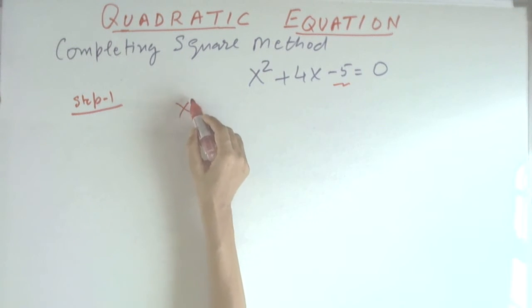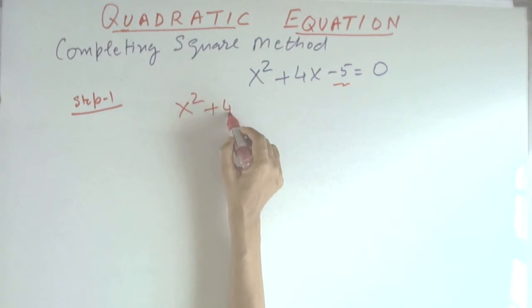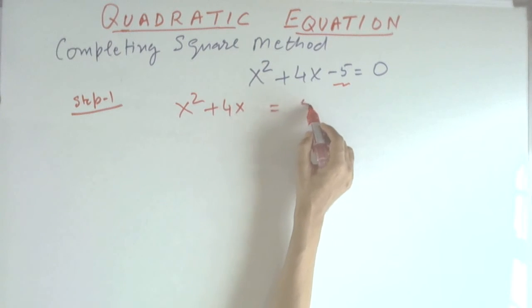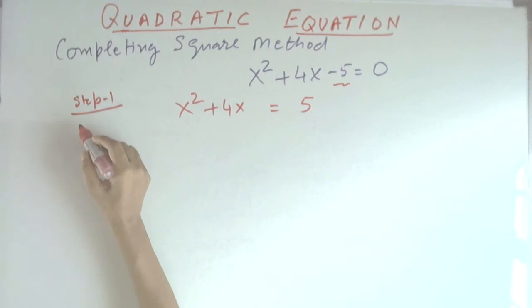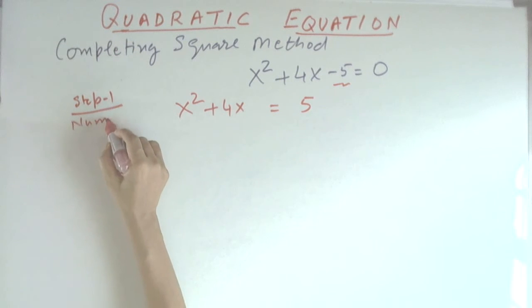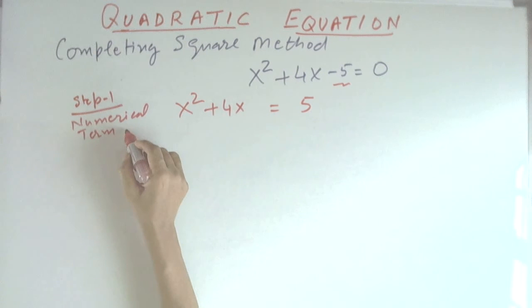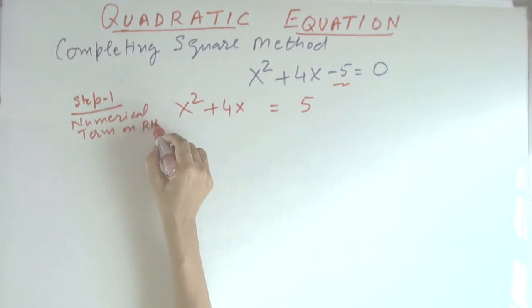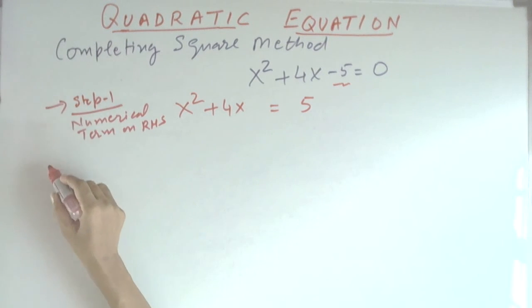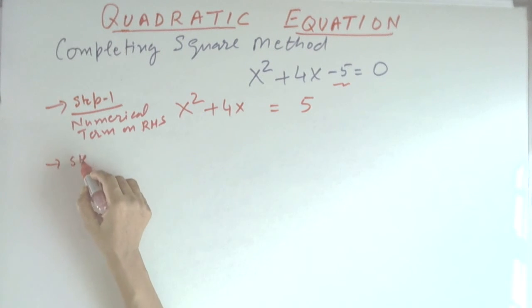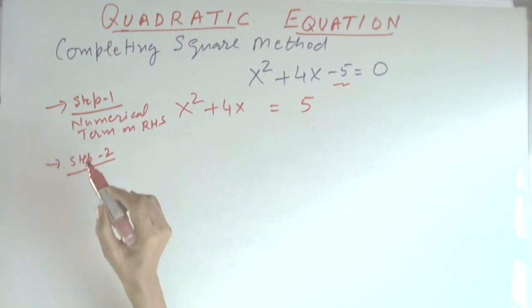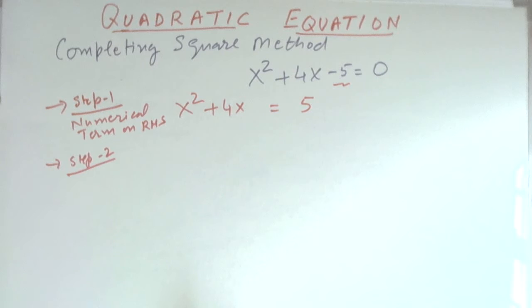So that means make it x square plus 4x equal to 5.